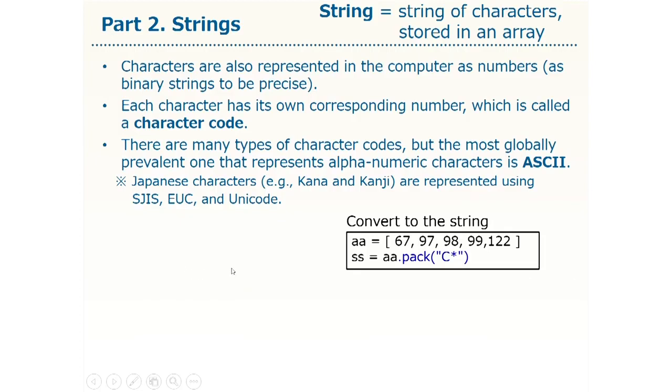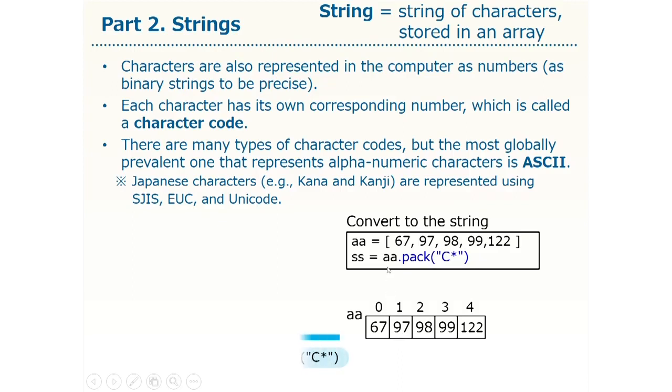Similarly, we have a method for converting a sequence of numbers to the corresponding sequence of characters, that is, a string. Consider now these two statements. The first line is to define an array aa as an array of integers, these integers. By executing this statement, one array called aa is created.